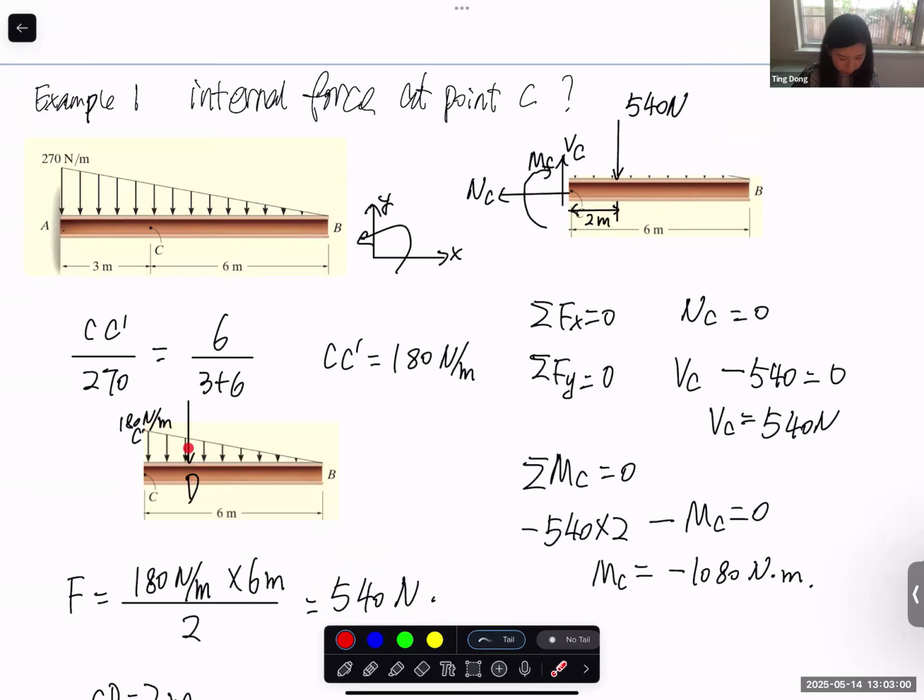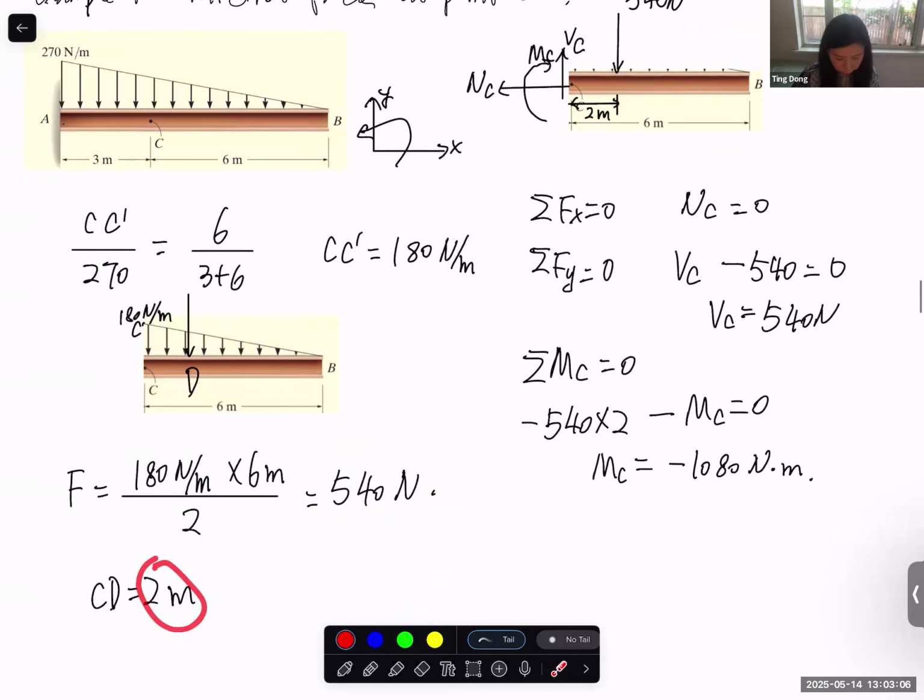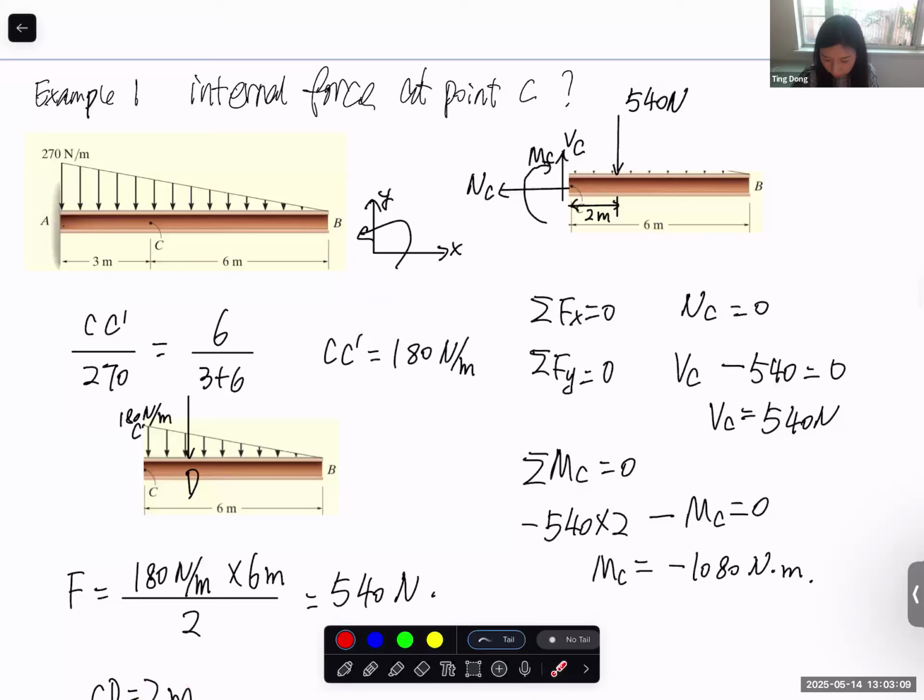So the centroid is 1/3 from this C point. We know that CD equals 2. So when we calculate moment, it becomes force times moment arm. And since it's clockwise, negative sign. Any question? Thank you. You're welcome.